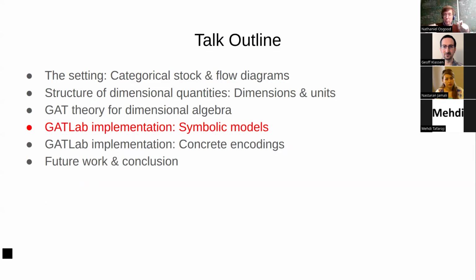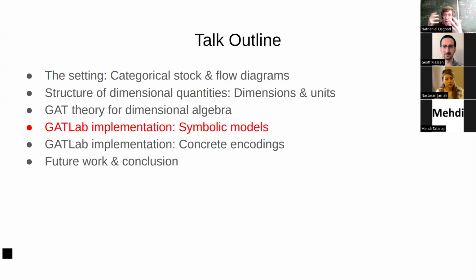It allows us to compute with symbolic quantities of this sort, or with actual encodings of them in quantitative data types in Julia. So like a number for this parameter, a number for that stock at a given point.